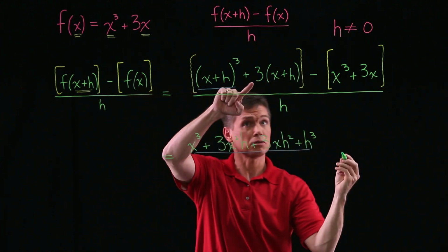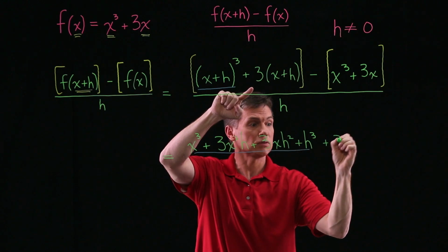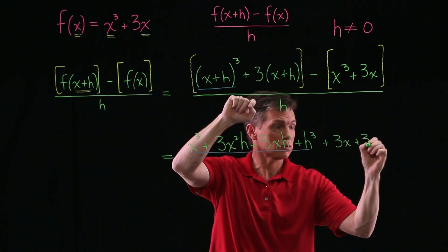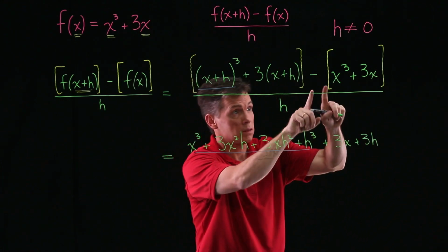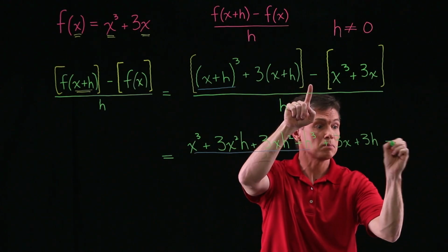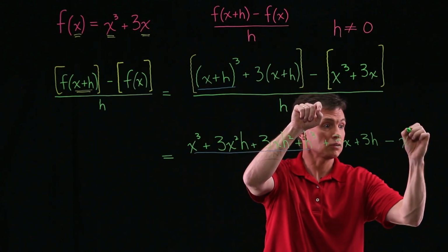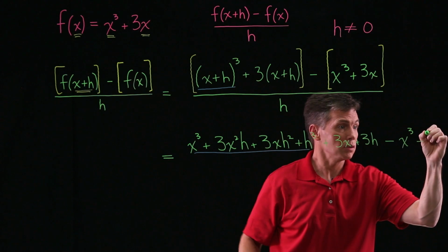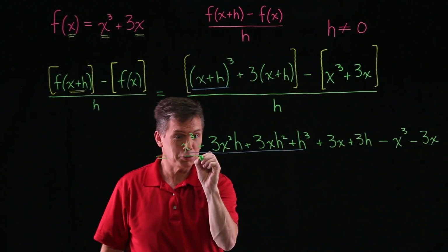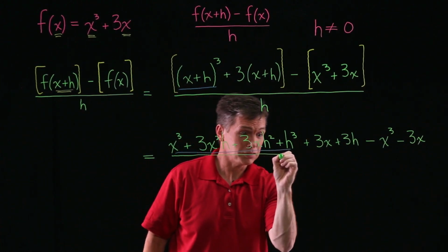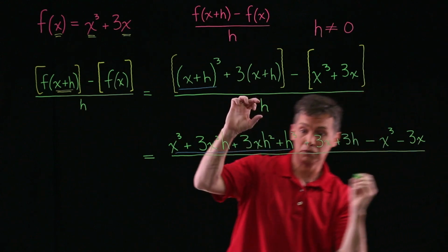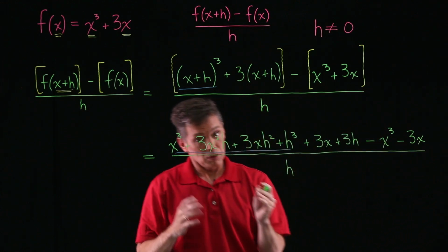Plus, let's push the 3 through, plus 3x plus 3h. There's that minus sign in front of the grouping symbols. Let's just push that through, minus x cubed minus 3x, big old divided by, all that's in the numerator, and the denominator is just h. Okay, good.